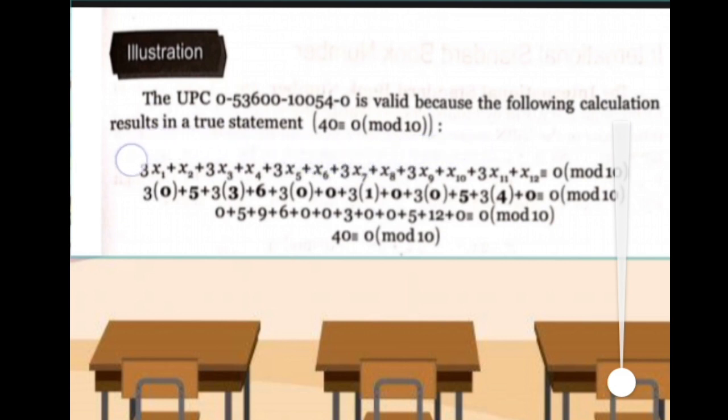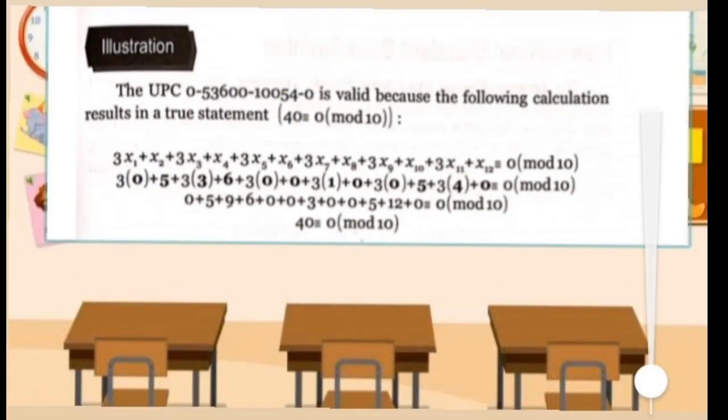So, what you will do is calculate this through this equation to see if the statement is correct. Next, you substitute all the values of x. Like, x sub 1 is 0. We get the x values.